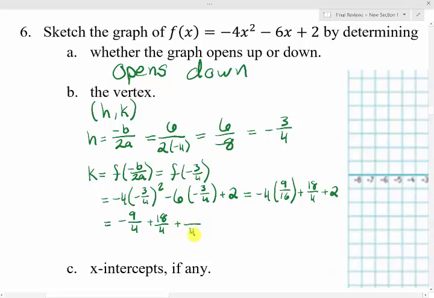So what divided by 4 will give me 2? Well, that'll be 8. Then all I have to do is add up my numerators and put it over 4. Negative 9 plus 18 plus 8 will give me 17. So my vertex will be the point negative 3 over 4, 17 over 4.